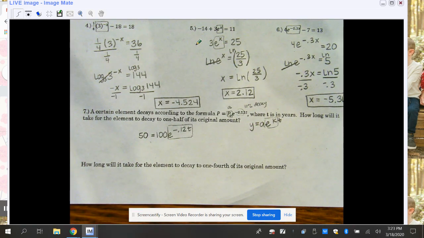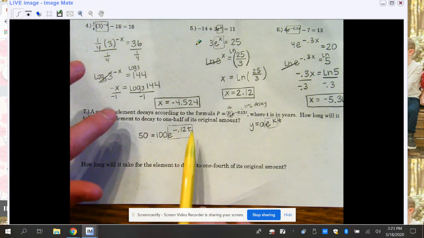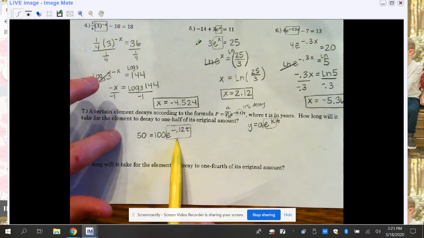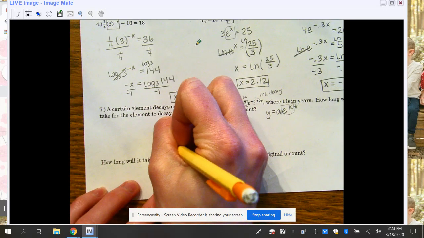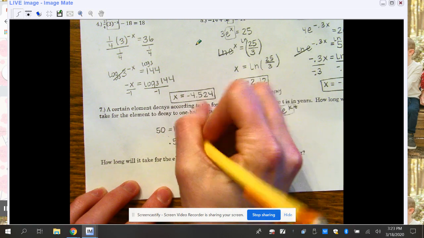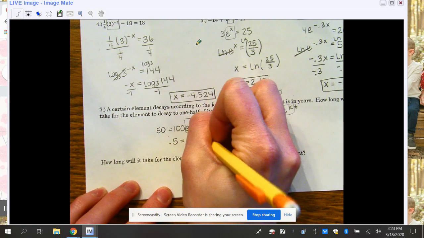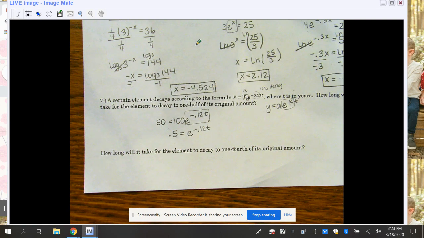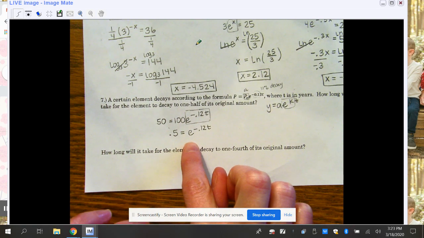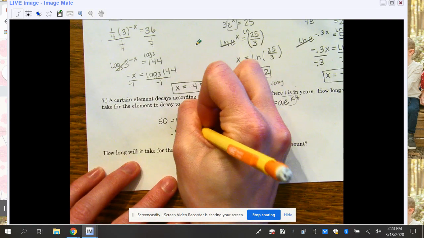So I need to get that exponent by itself. The 100 is not being raised to your power, just the e is. So I'm going to start by dividing both sides by 100, and you're going to get 0.5. Now my exponent is by itself. The base of the exponent is e. So the natural log is what will undo that.